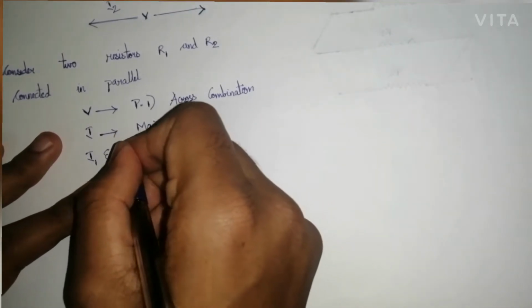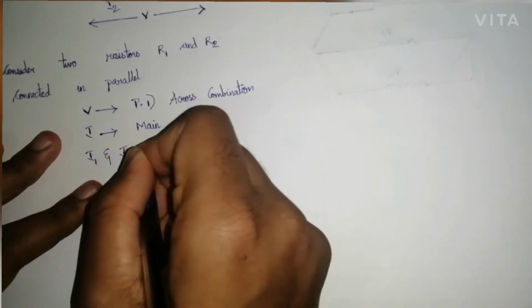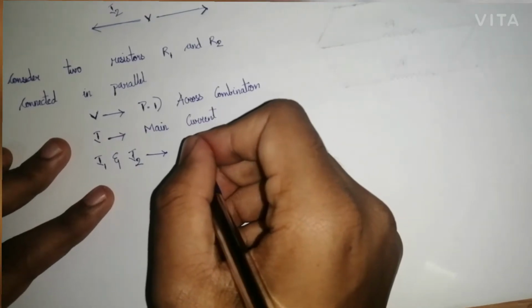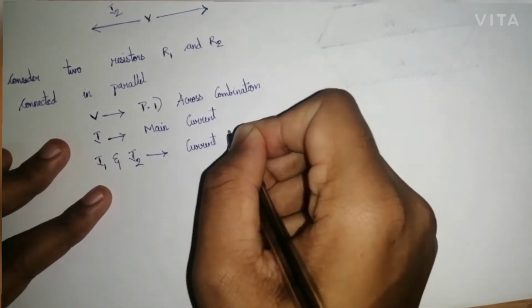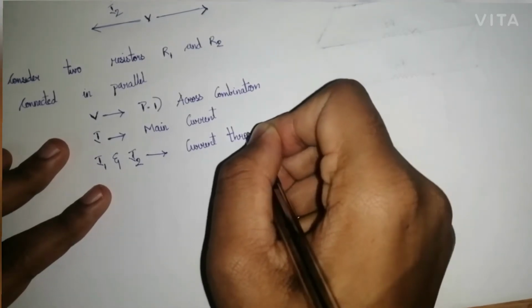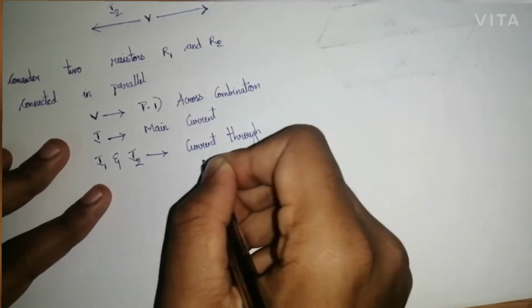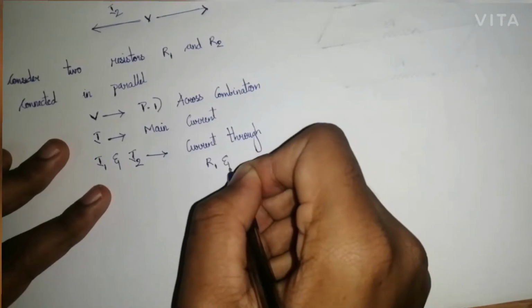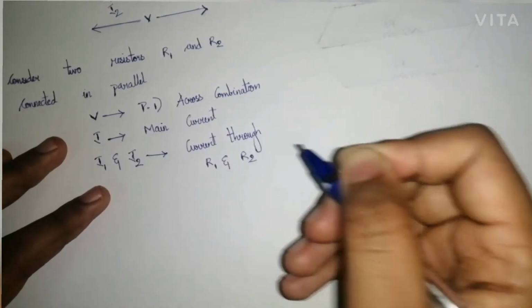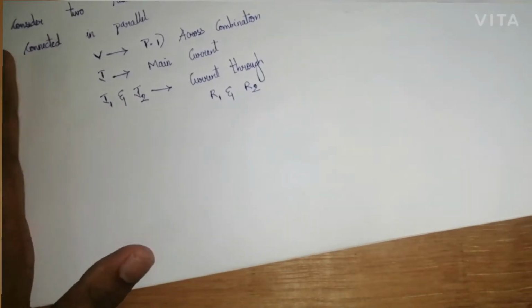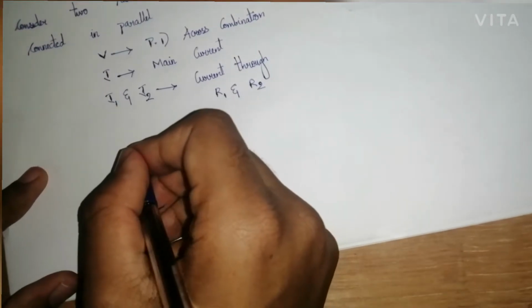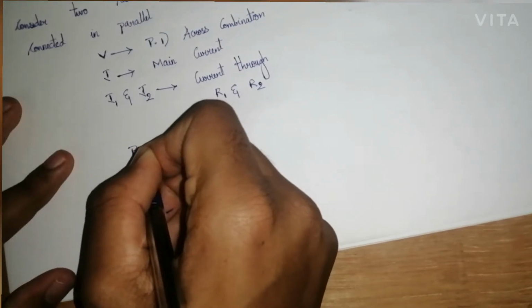Remember this point, your currents I1 and I2 will be the currents through R1 and R2.